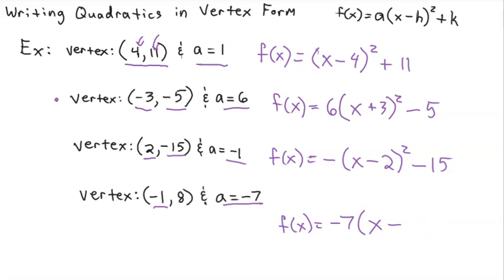So we're just going to write x plus 1 squared. And then our k is +8, so we're going to put plus 8. Okay? And these are 4 examples of how if you know the vertex and you know a, you can just write the quadratic in vertex form.